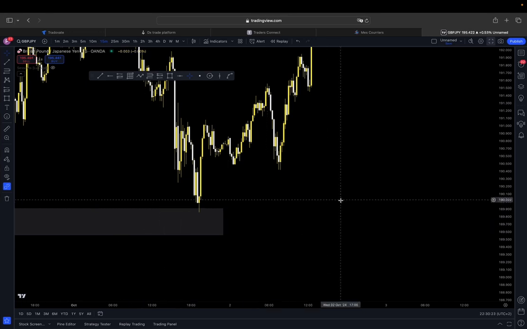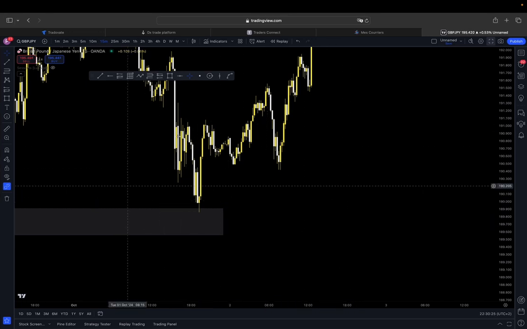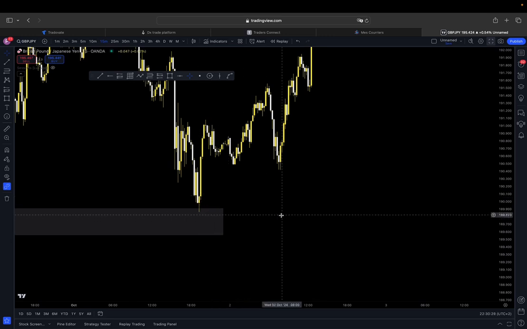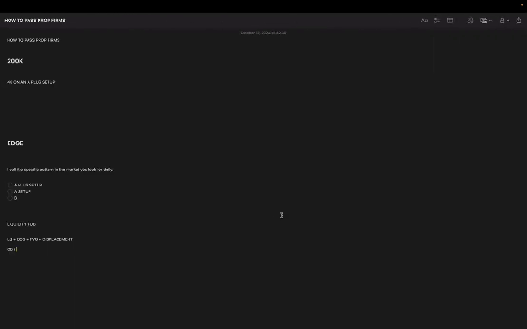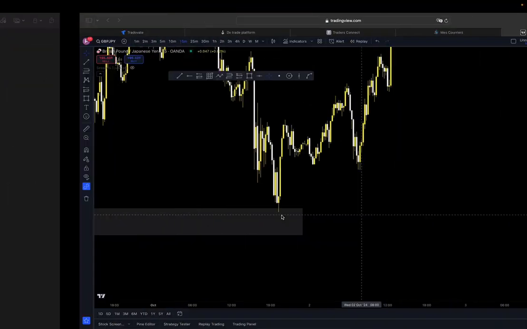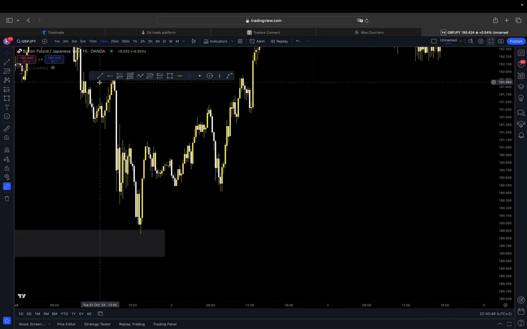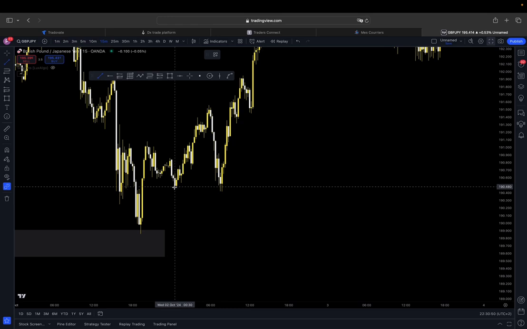I'm not good with this. Okay, we've got another block, a tap, a break of structure. Okay, we've got that. What do we have again? A break of structure. What do we have? We've got this sweep. Okay.